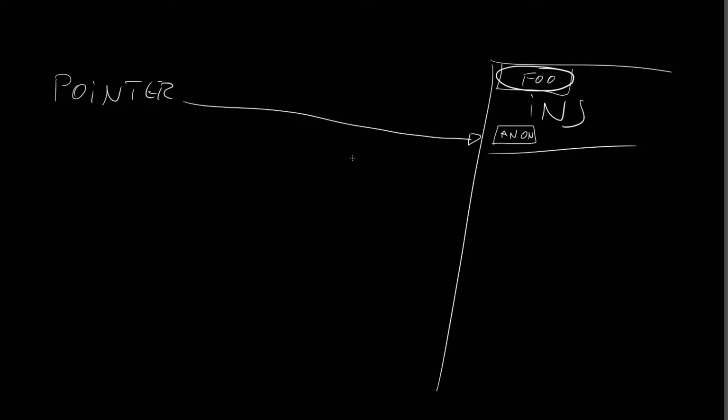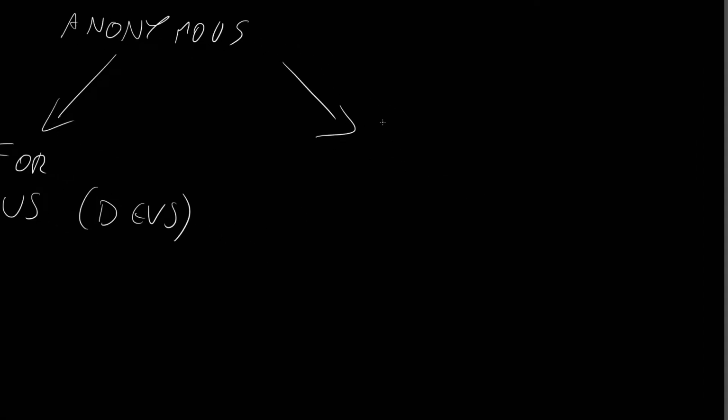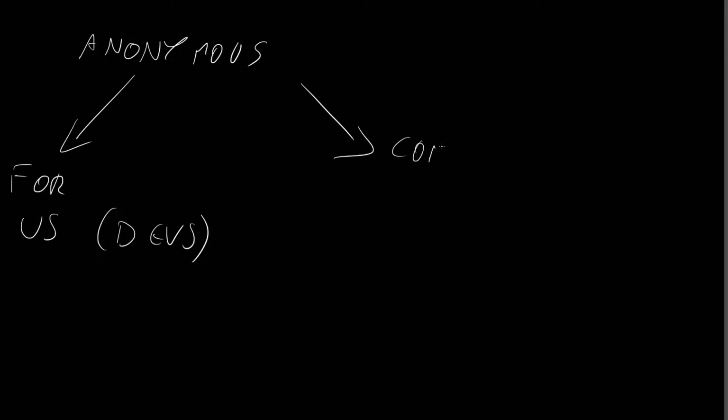So this anonymous part is only for us, for the devs. The computer knows exactly what this function is, yeah? Like computer, or let's call it maybe the compiler.